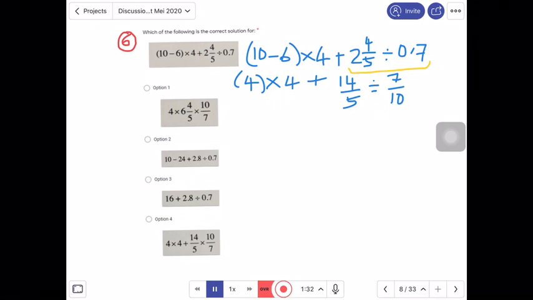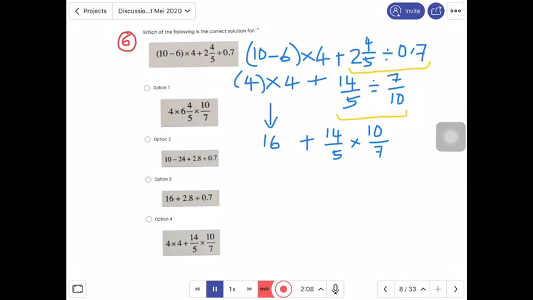So 4 times 4 is 16, plus, then we solve this together. 14 over 5. Now you have division of fraction, so we change to multiplication, then we reciprocate the divisor.